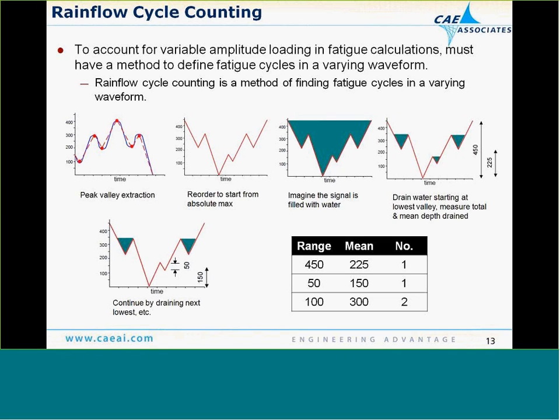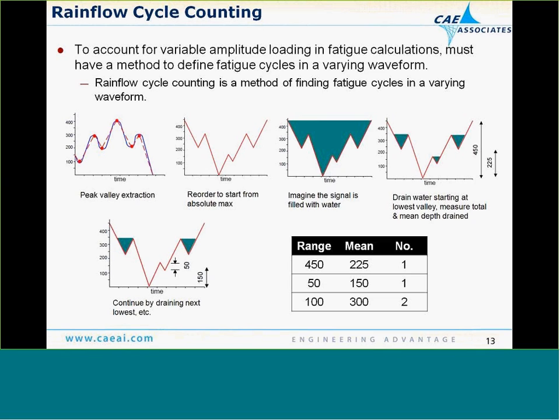Rainflow cycle counting is when it looks at your complex load, and the approach here is you imagine that the signal is filled with water, as shown in this third graph here. And what you do is you start by draining the water at the lowest valley. You look at that, and in that case we have one cycle that has a range of 450 and a mean of 225.